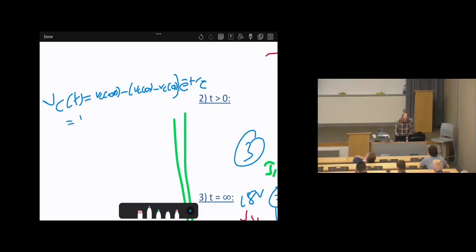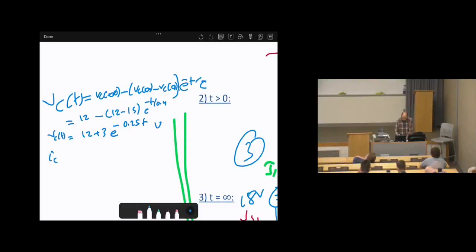VC of infinity, which is 12, and VC of 0 we calculated it as 15. So here is 12 minus 15 e power negative t over 0.4. So after doing some simplification, it will be 12 plus 3 e power negative 1 over 4, I think 0.25, 0.25t volts. That's VC of t.